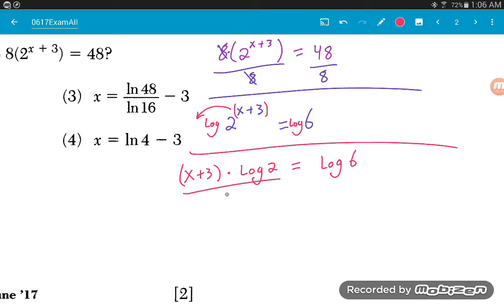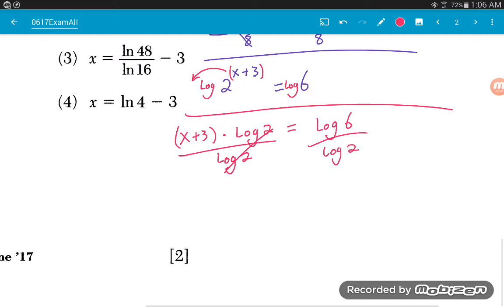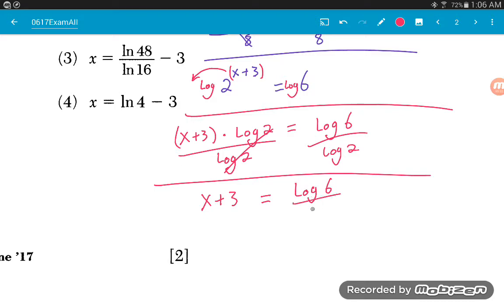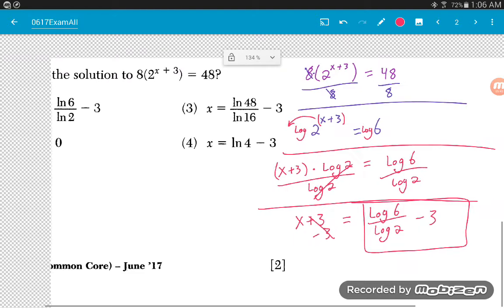I'm going to divide the log of 2 off of both sides because it's attached with multiplication, so I can divide it off. And now I'm left with x plus 3 is equal to log of 6 over log of 2. I need to just minus 3 on both sides. And I've got my answer. X equals this. Log of 6 over log of 2 minus 3.